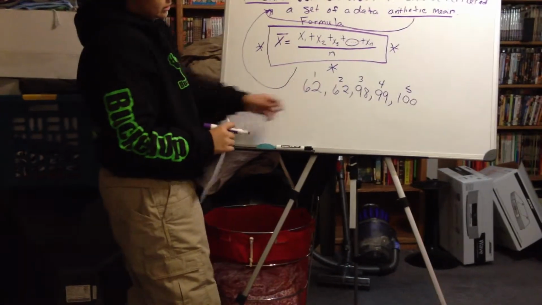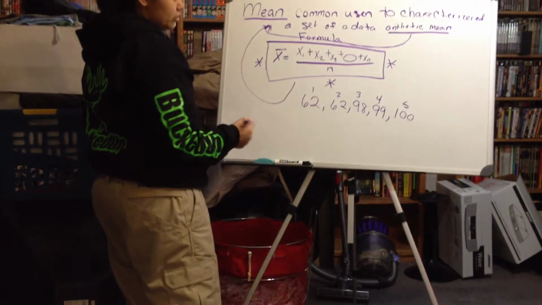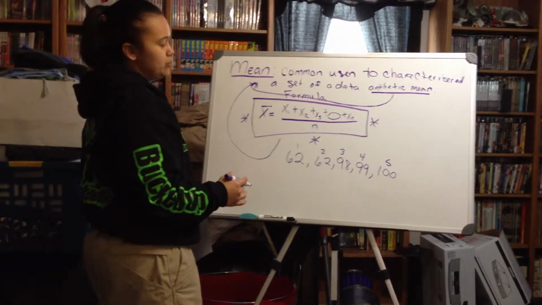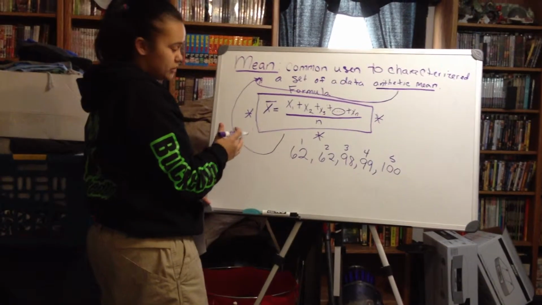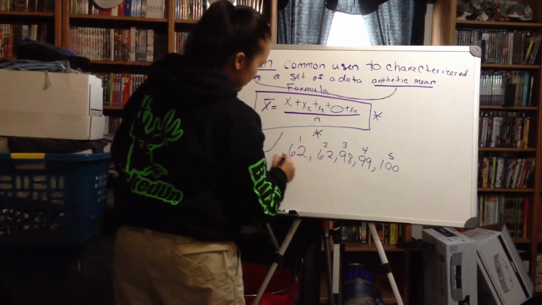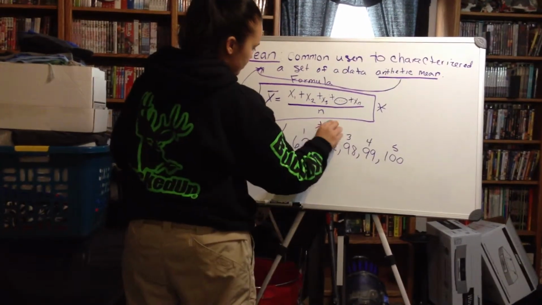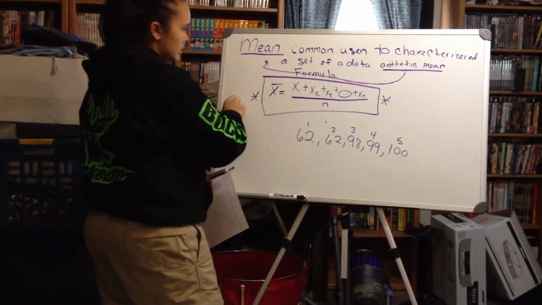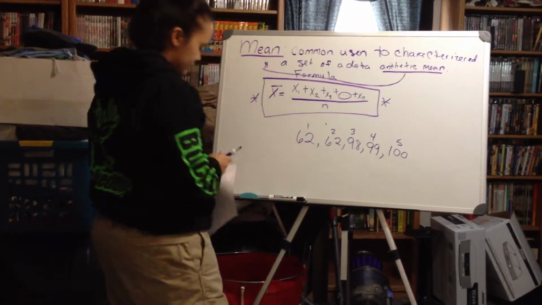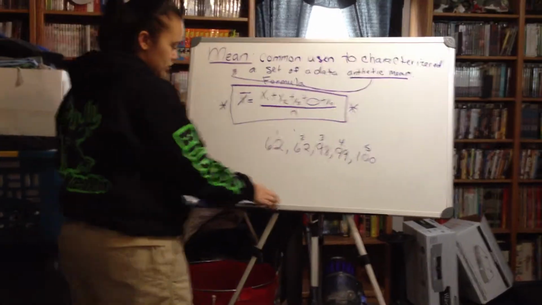I say that's a pretty good little test. But we want to know what your average would be. Well, that's what the mean would be for. So we're going to take all of this, we're going to plug it up here. So let's go ahead and get rid of these.